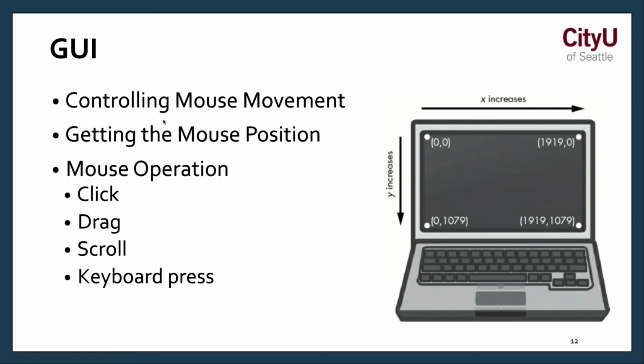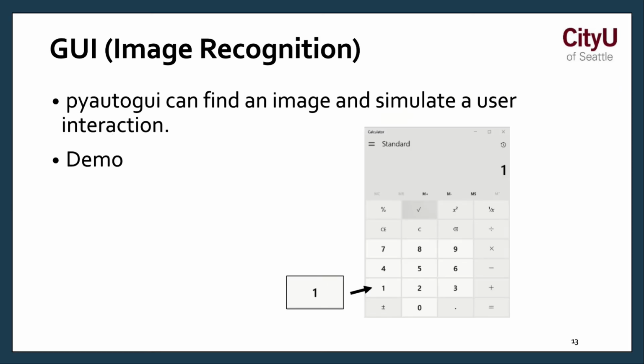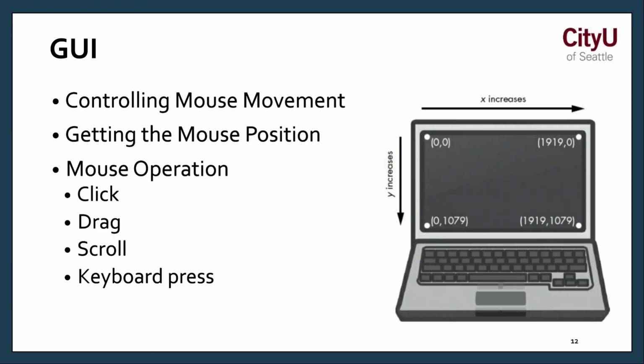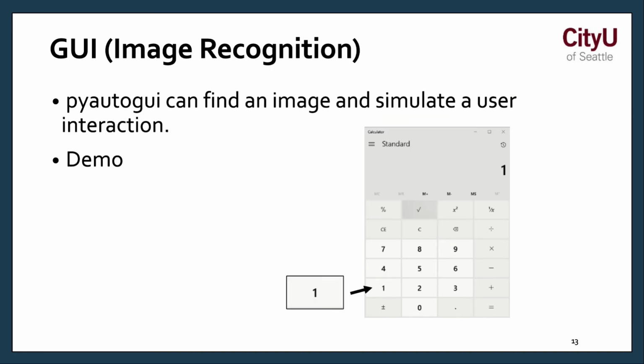You can control the mouse movement, get the mouse operation, and click, drag, scroll, and press keyboard keys. This is also a bit related to Selenium, where you can do automated clicks in your browser as well. So this is a similar one.